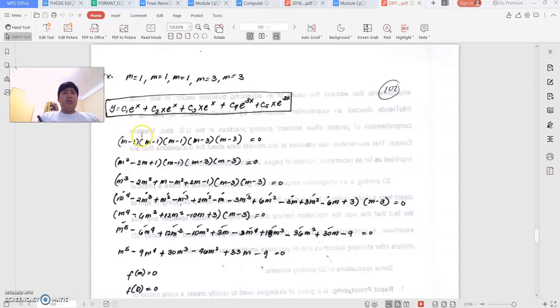So when you distribute this one, you have this result. Then copy. After that, distribute this one too. When you have m cubed, m times this, you have 2m squared, m times 1, that's m, and negative 1 as follows.